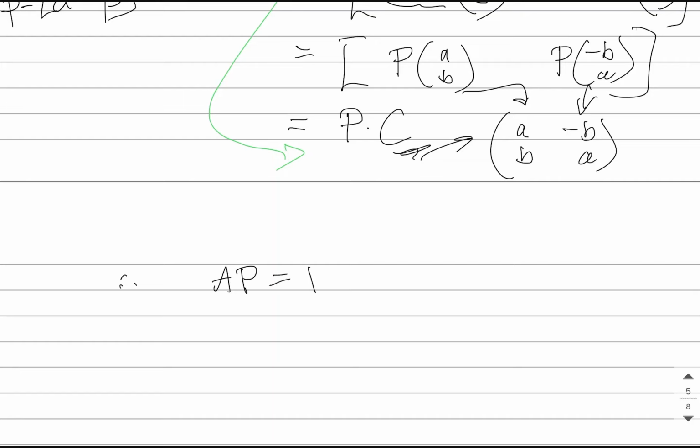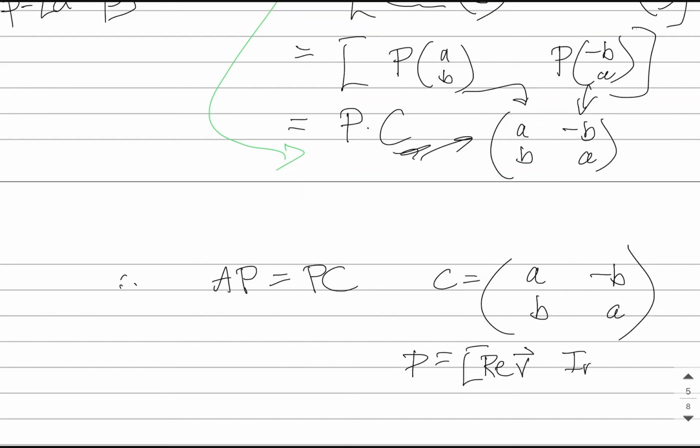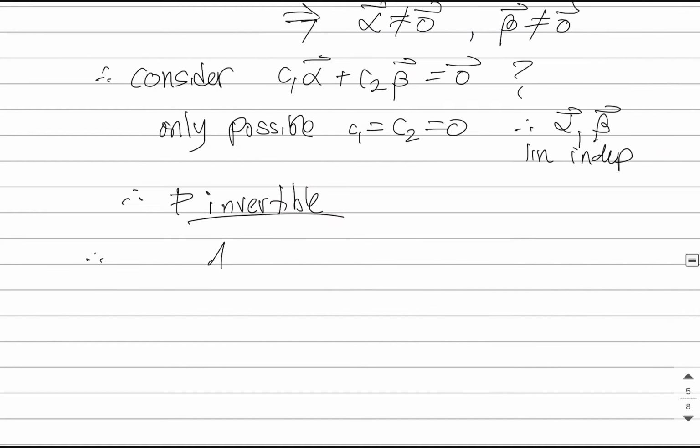AP equals PC. And C ends up being a matrix that has these values from the eigenvalue, right? P is the matrix that has the real part of the eigenvector and the imaginary part of the eigenvector. We can take this equation and we can invert this matrix.